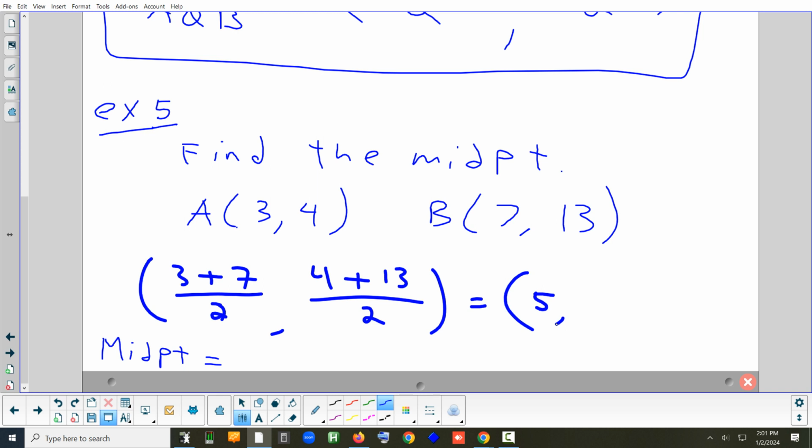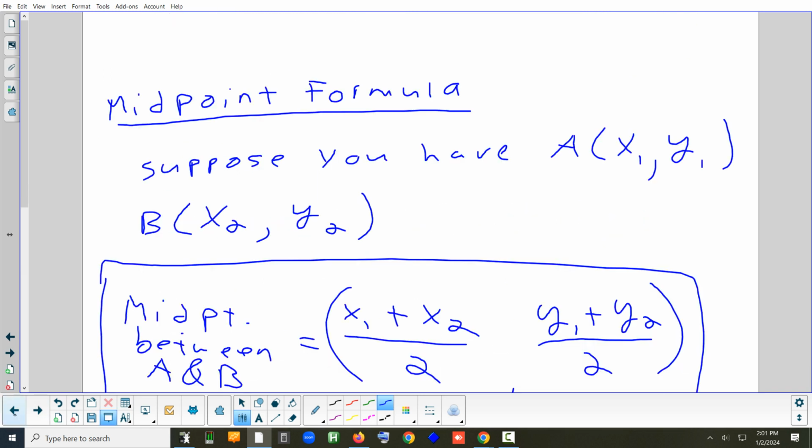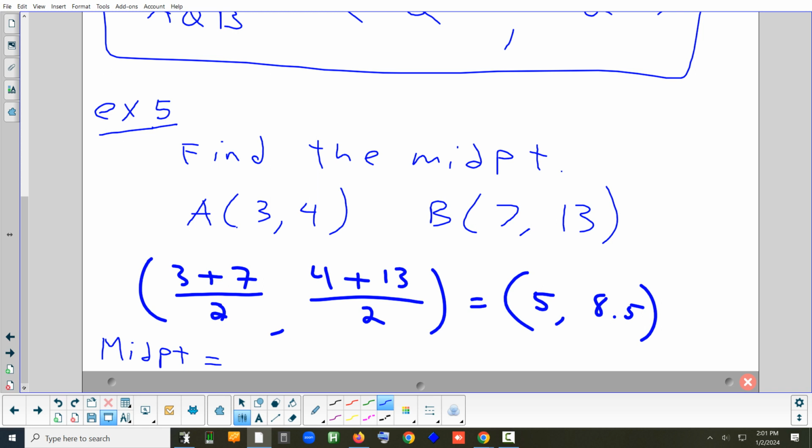And 4 plus 13 is 17, and then divided by 2 is 8.5. So you could put 8.5. You might see it on a test as 17 over 2, but you could see it either way. Any question on that? So finding the midpoint, pretty straightforward.